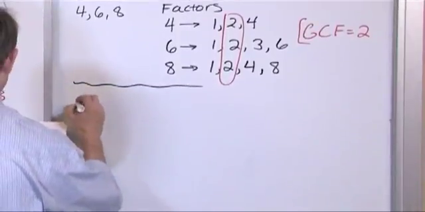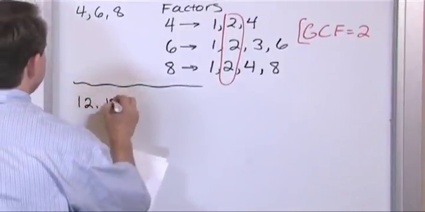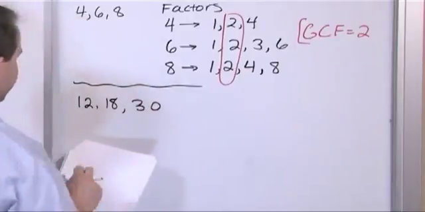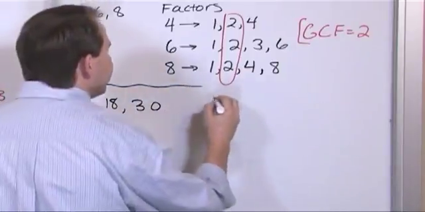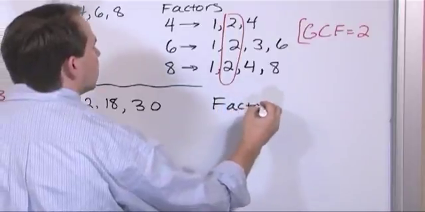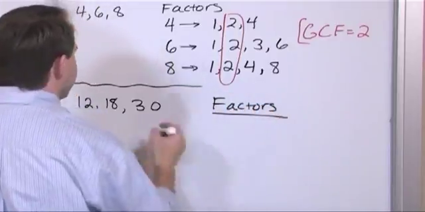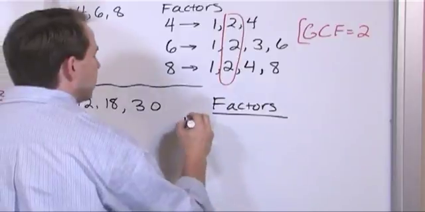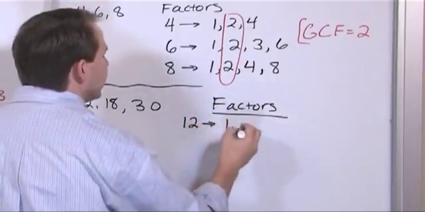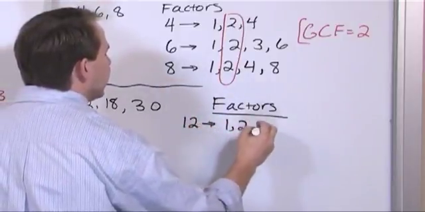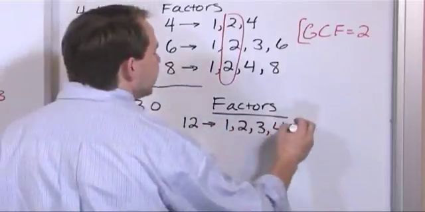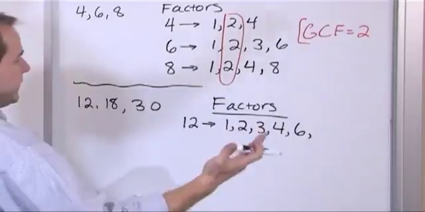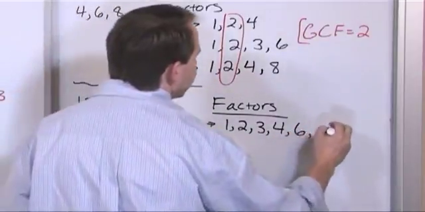All right, so let's do 12, 18, and 30. We'll find the greatest common factor of all of those guys. So let's find the factors. All right, and the factors of 12, 1 can go in, 2 can divide into there, 3 can divide into there, 4 can divide into there, but 5 can't, 6 can divide into there, 7, 8, 9, 10, 11 cannot, 12 can.